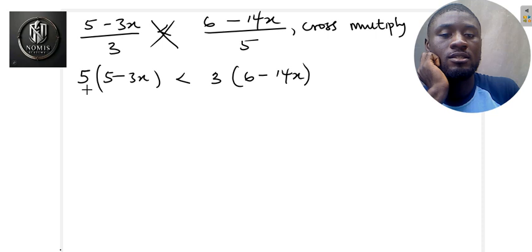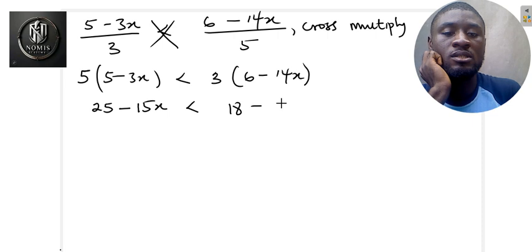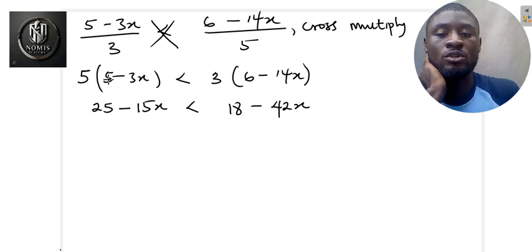So when we multiply 5 times 5, we have 25. 5 multiplied by minus 3x, we have minus 15x, less than, we have 3 times 6, 18, minus 3 times 14 gives 42x. So now we have 25 minus 15x less than 18 minus 42x. What do we do? We collect like terms.